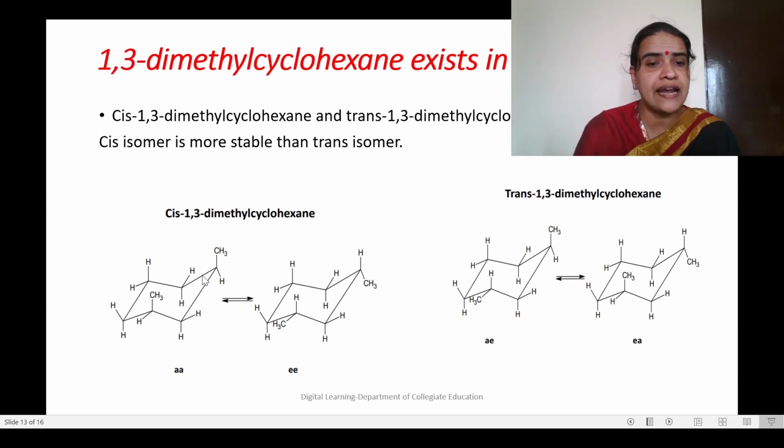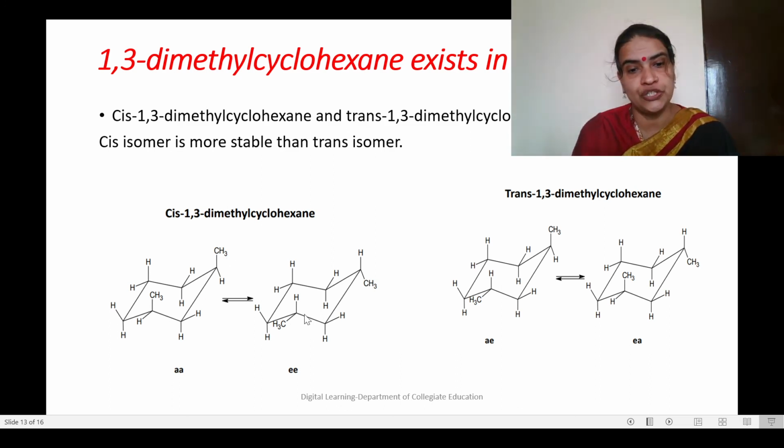So how can we write the cis structure of 1,3-dimethyl cyclohexane? In cis 1,3-dimethyl, 1,3 means if one methyl group is at this position, the other should be at the third position, 1, 2, 3. Both methyl groups should be either axial or equatorial.